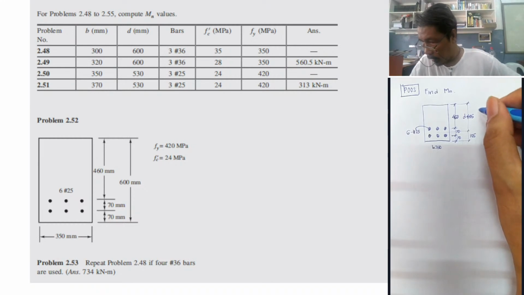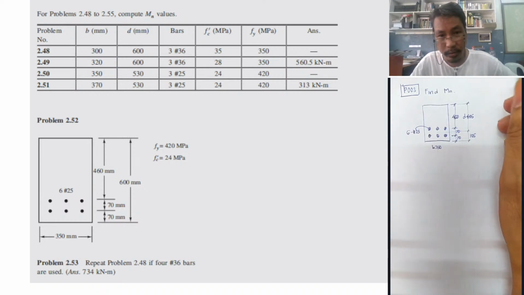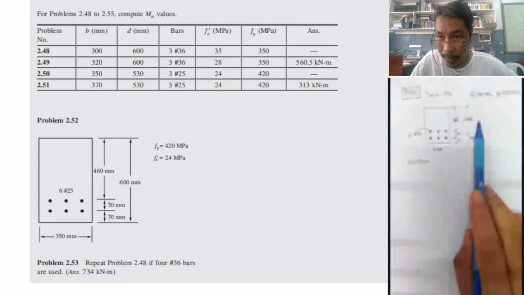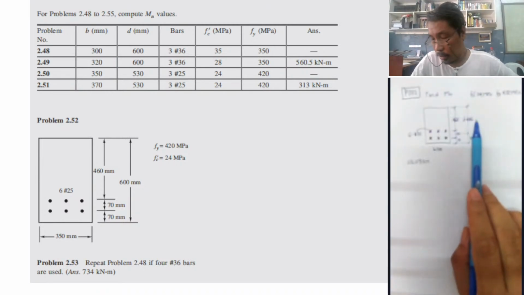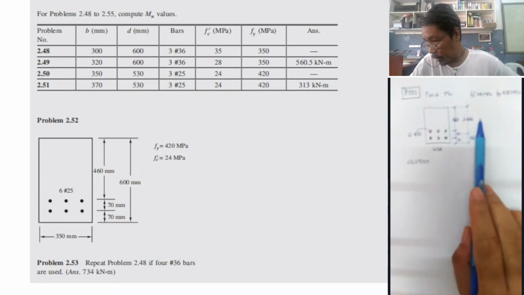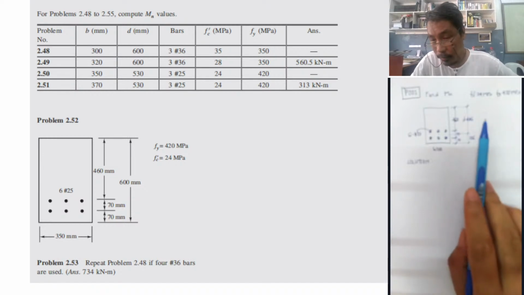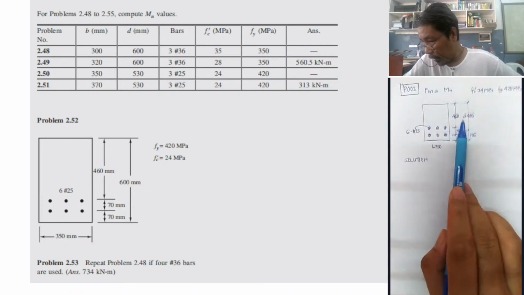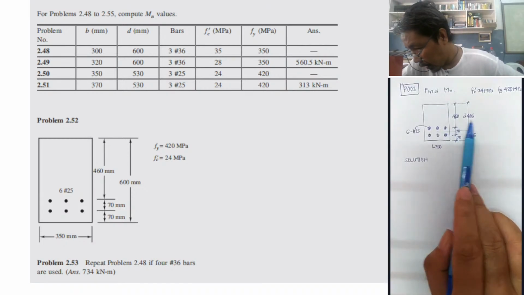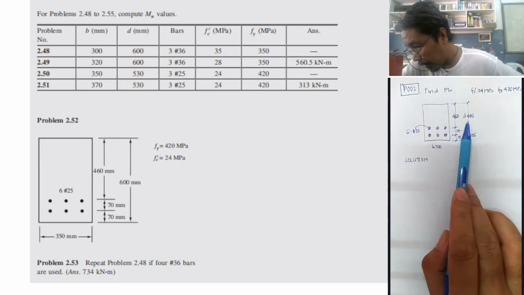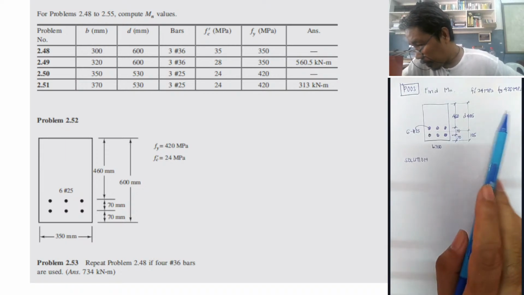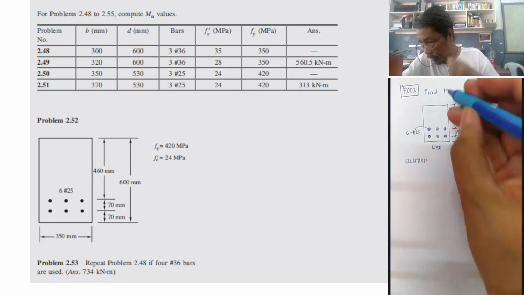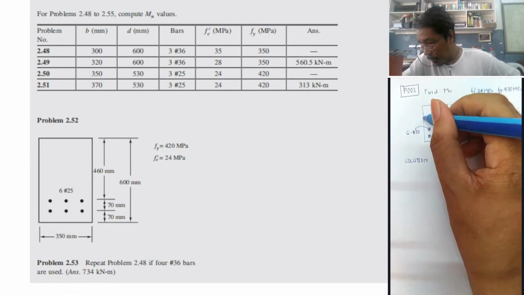This is now part of the solution, because we are imagining things that we need in our computation. Specifically, we need the value of D, and also we need the value of A. So let us make an estimated area for the remaining concrete.